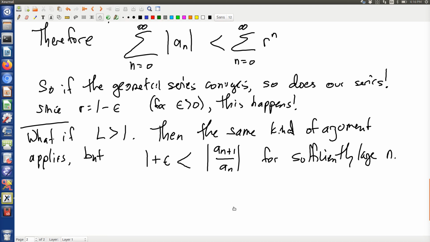As you might expect, we're going to set this 1 plus epsilon equal to r. So what does that mean? That means that in that case, our geometric series is less than our actual series.